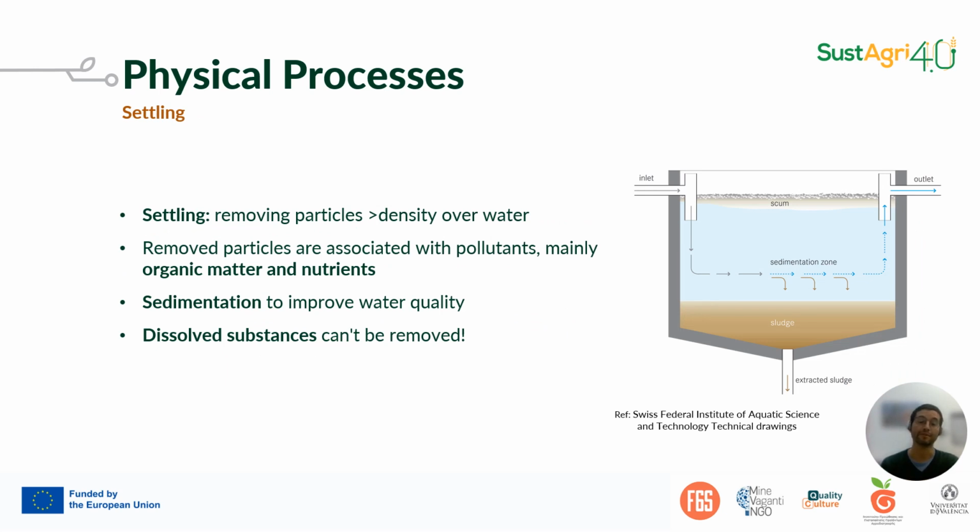Sedimentation is a simple process in which particles with a greater density than water fall to the bottom of a deposit. These particles, along with their associated contaminants, are removed from the bottom of the tank as sludge, while the cleaner water exits from the top.